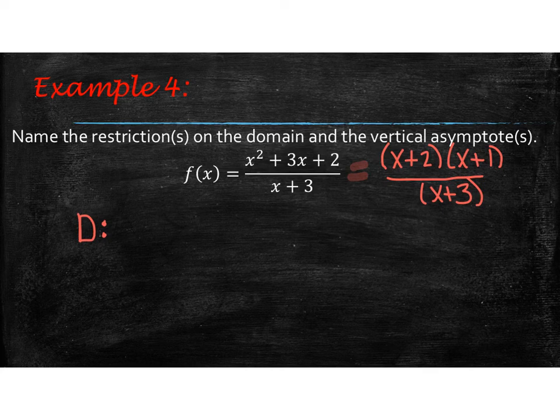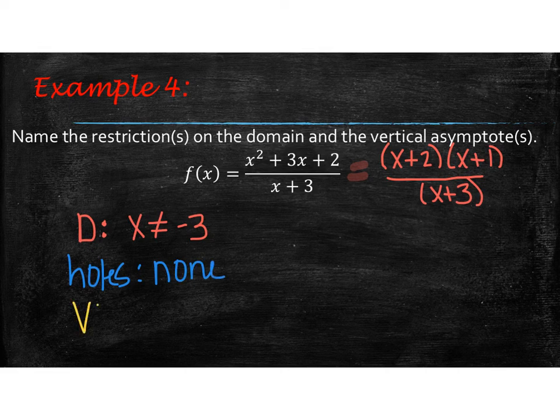First, my domain is x cannot equal -3. Because there's nothing that cancels, for my holes, there won't be any, so you do need to write down none. And then your vertical asymptotes are going to be x equals -3.